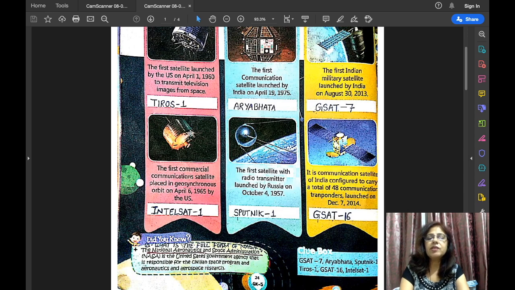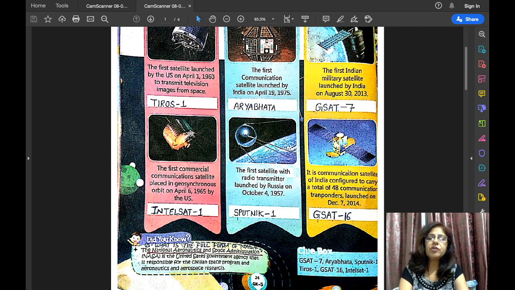It was the first commercial communication satellite. The next one is Sputnik 1, the first satellite with radio transmitter launched by Russia on October 4, 1957. So Sputnik 1 was launched on October 4, 1957. It was launched by Russia, and it was the first satellite with radio transmitter.